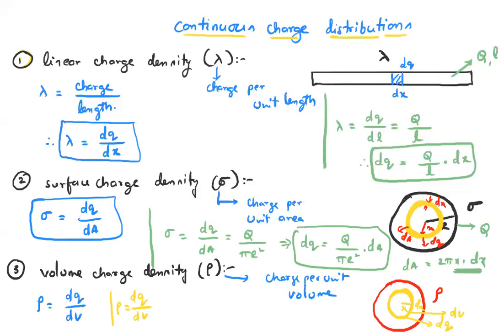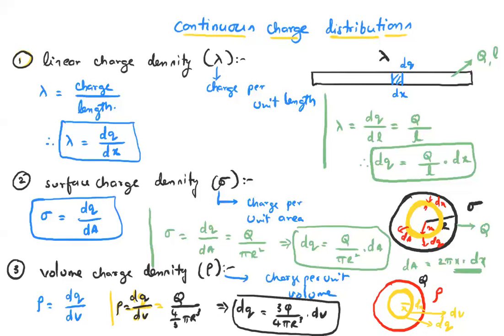Rho equals the total charge, let it be capital Q, divided by the volume 4 by 3 pi r cube. Then we can calculate dq as 3Q by 4 pi r cube into dv.